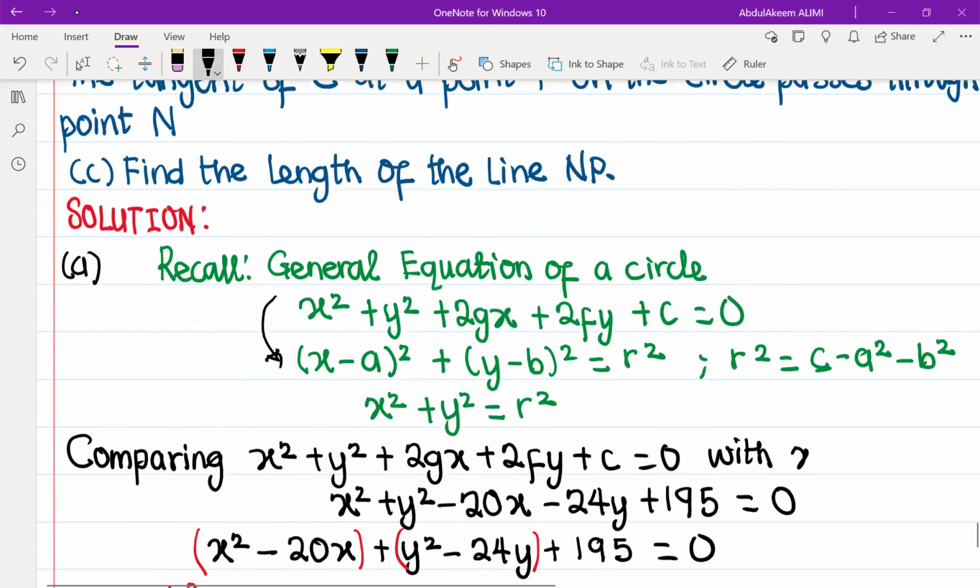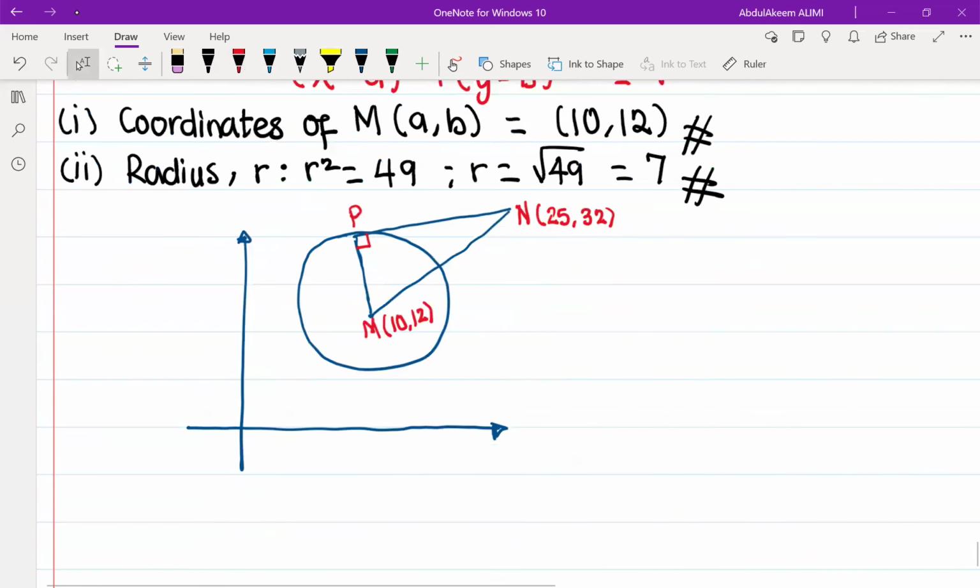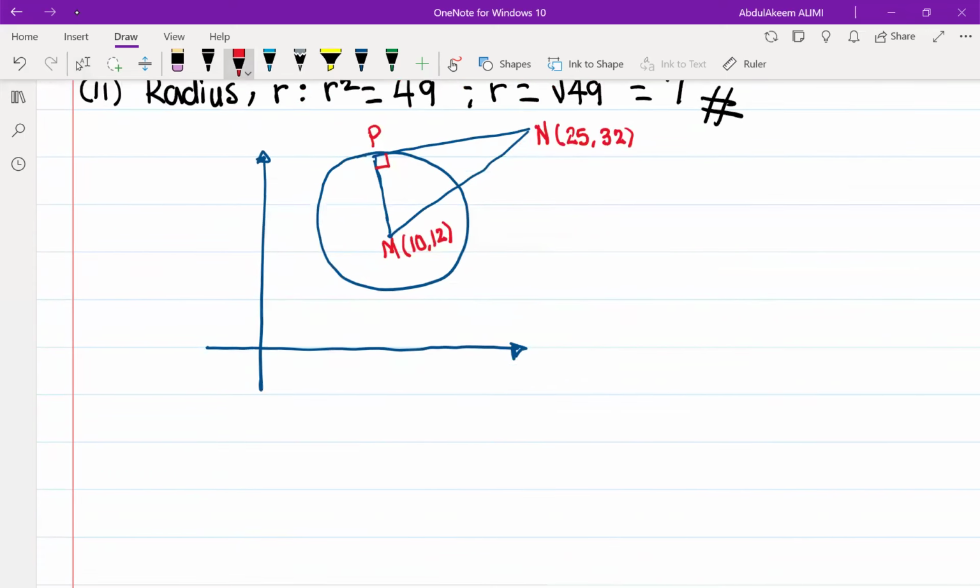Let's look for the length of MN. So how do I look for the length of MN? I have two coordinates here. So this is Cartesian, this is 0, this is the x coordinate, and this is Y. So what do we do here now?